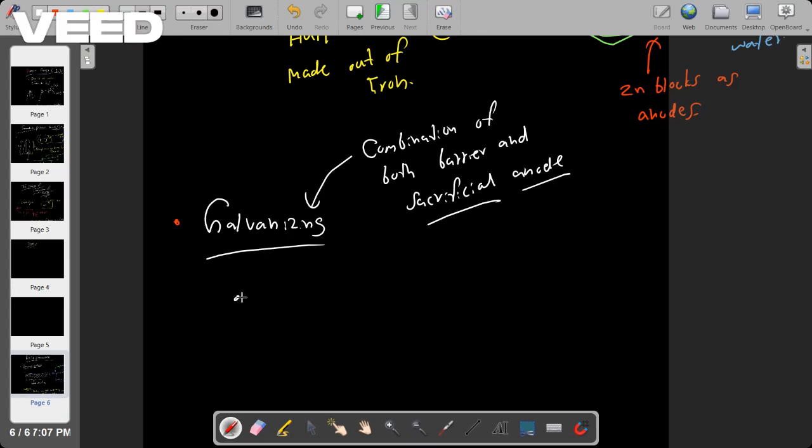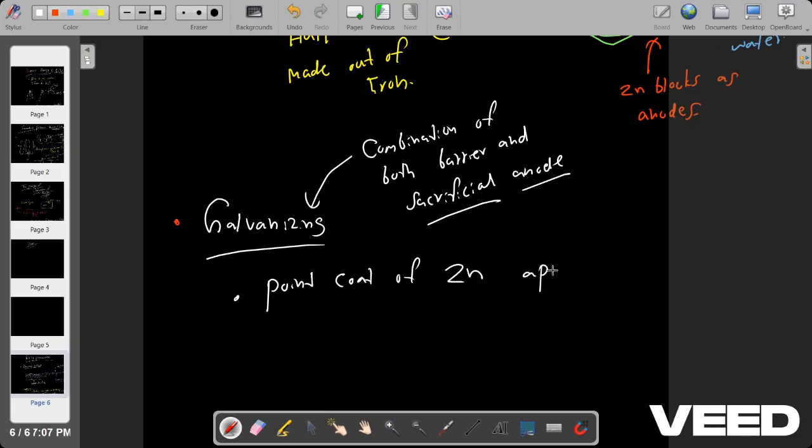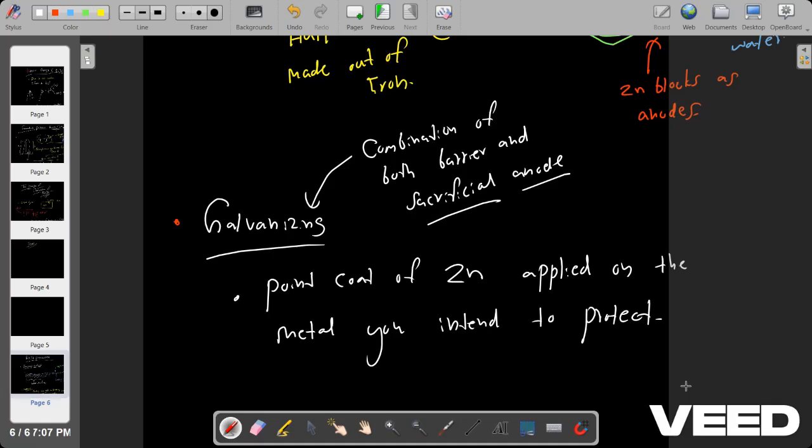In this case, a paint coat of zinc is applied on the metal you intend to protect, right?